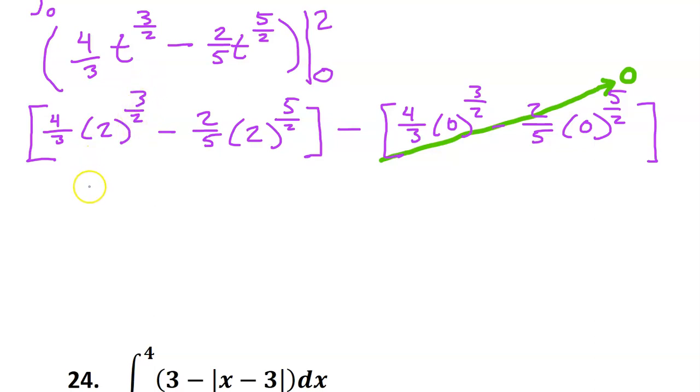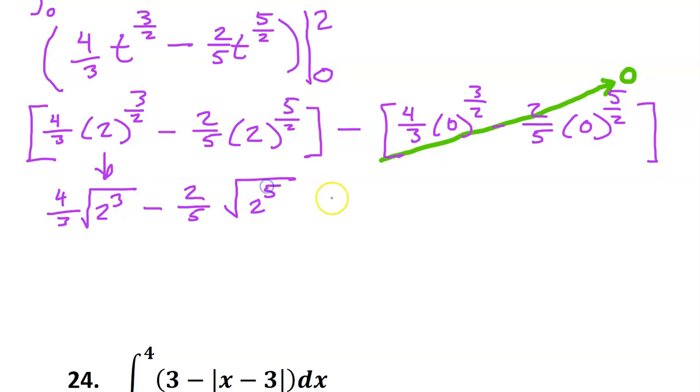So this is really the same thing as having 2 to the 3rd power, all right? That's the power. And then the square root of that. And then I have my 4 over 3 in front. And this is the same thing as having 2/5 times the square root of 2 to the 5th power.